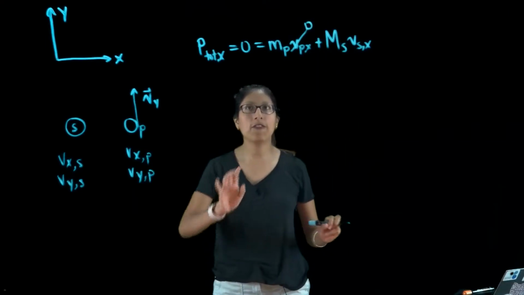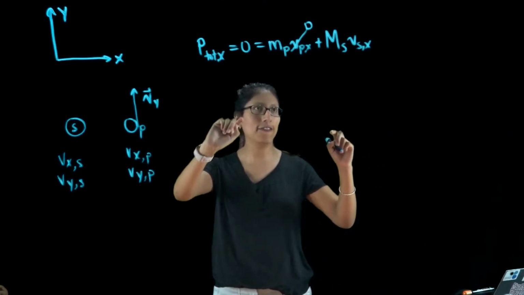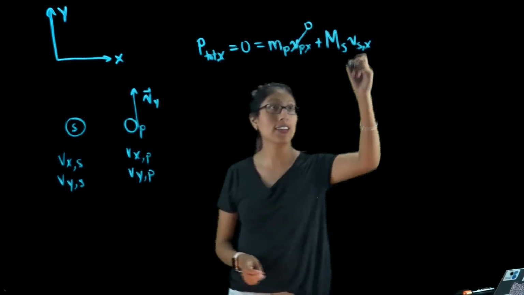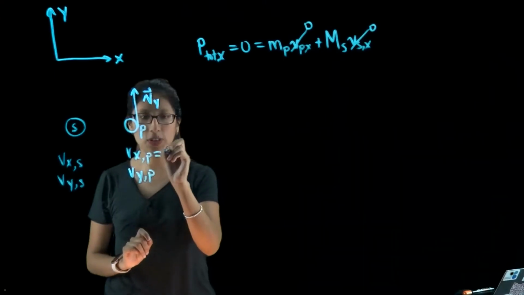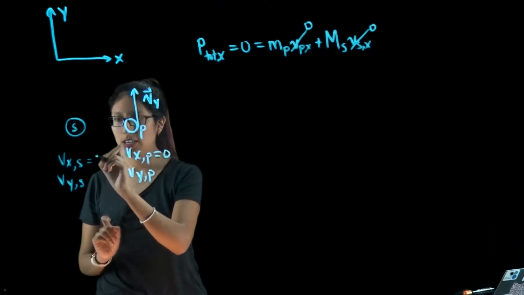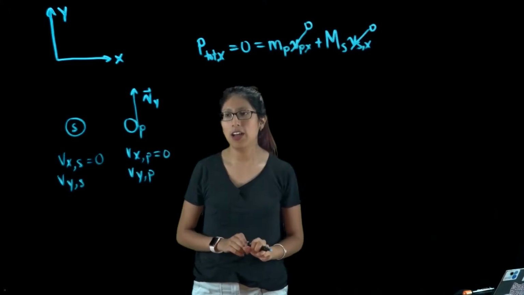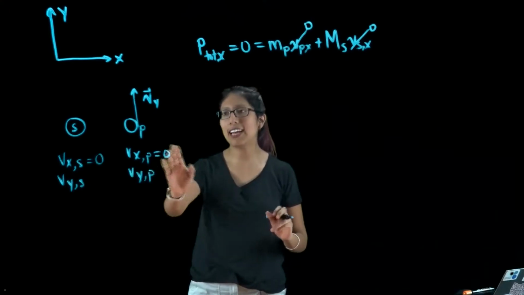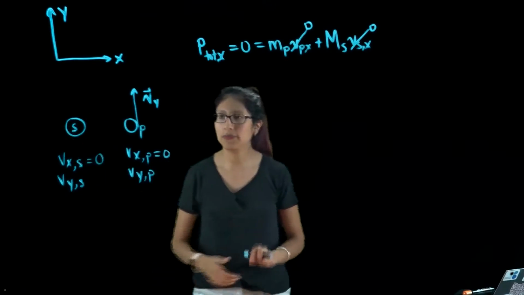And the only way for our whole equation to be 0 is if the velocity of the sun in the x direction is also 0. So now we know that, well, this was given, right? Velocity in the x direction is 0, and velocity of the sun in the x direction is also 0. So this just means that the sun isn't going to move left and right.